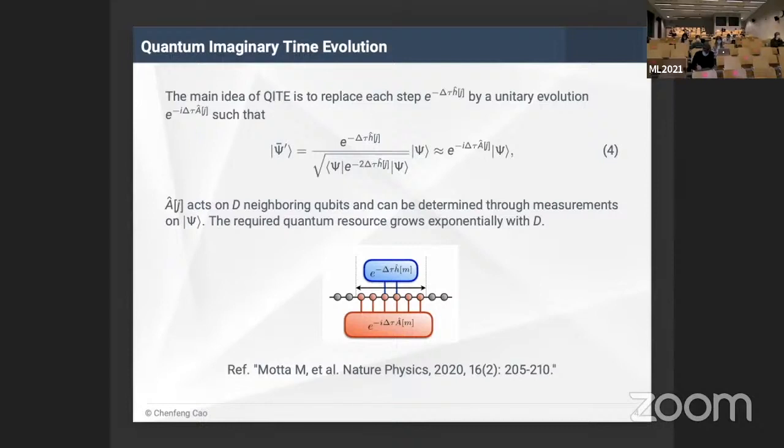However, this is not realistic since on current quantum computers, we can only implement local gates. So we have to choose a relatively small d. So equation 4 is just approximately satisfied. We still have error. And QITE was proposed in the paper shown here. It was published last year.